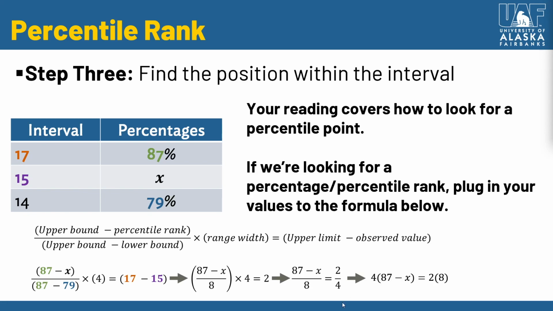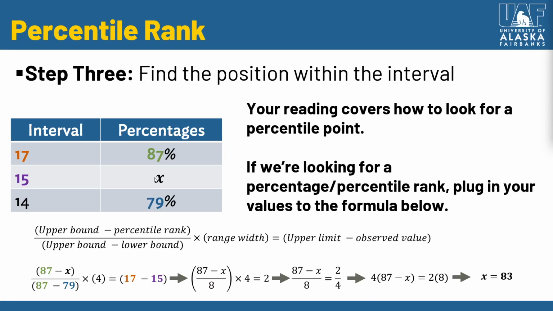When you have two fractions equivalent to each other, you can reduce them by multiplying the numerator by the opposite denominator. I really hope I got those right because I always mix those up in my head. Basically, multiply the top by the other side's bottom. So 4 times 87 minus x equals 2 times 8, which is 16. We go through this math and we'll find an x of 83.